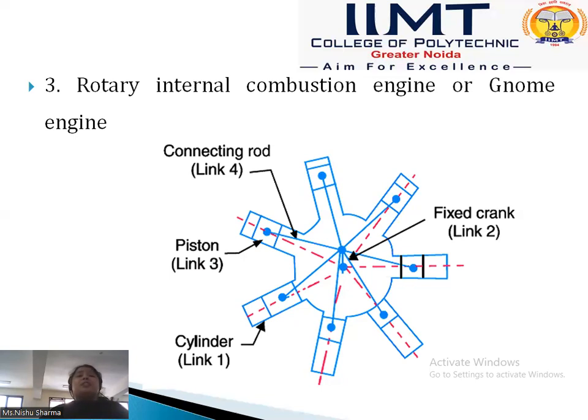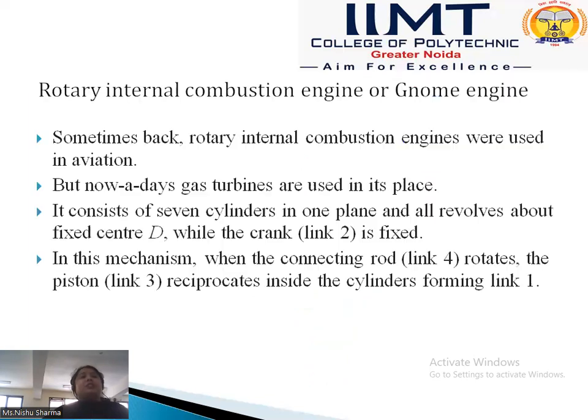Link 3 is the piston and link 1 is the cylinder. When the connecting rod is rotated about the fixed center, the piston reciprocates, and the cylinder oscillates about the pivoted point.